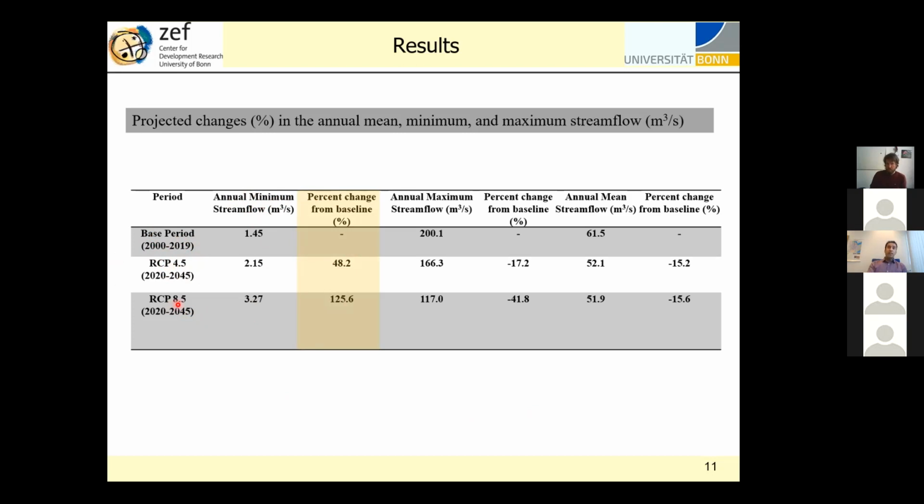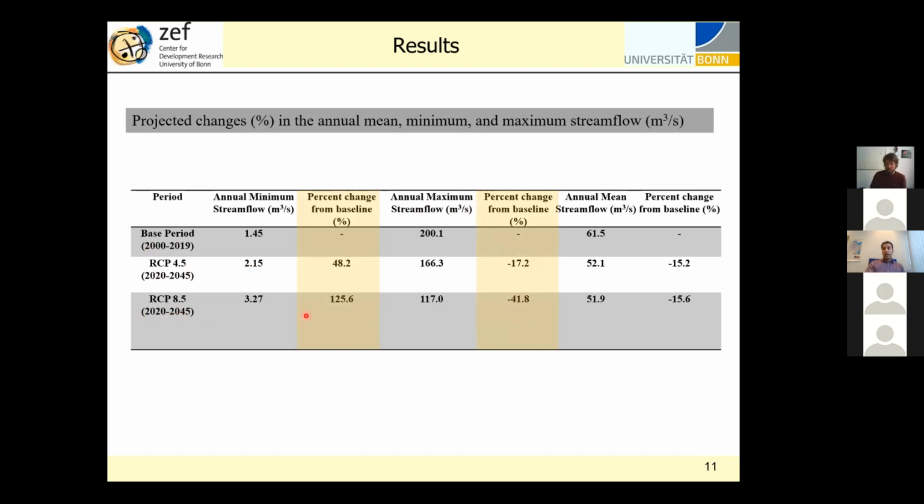But this result is slightly reversed in the annual maximum streamflow. The maximum that has been observed during the base period will be reduced by 17% and almost 42% during this period.